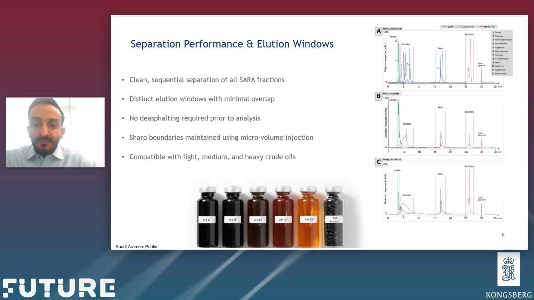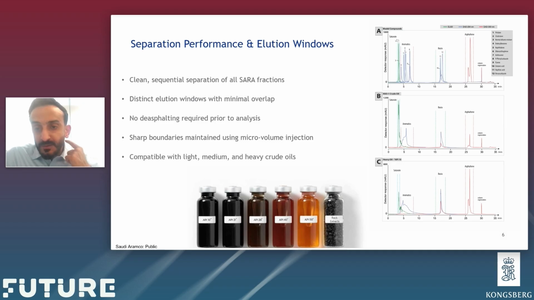The microvolume injection is key because it prevents the column from overloading and maintains sharp fraction boundaries between the different fractions. Again, we tested this on crude oils of different compositions, from heavy all the way to light, with API gravities ranging from 10 all the way to 50.